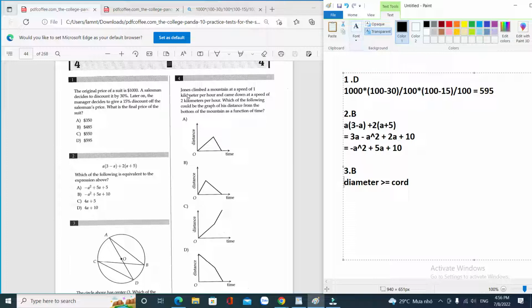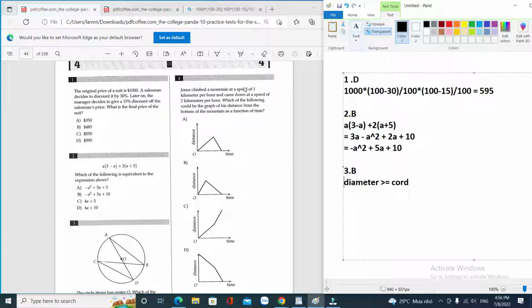Number 4 should be A or B. When John was climbing up, the speed was 1, and coming down, the speed was 2. So the slope of the line climbing down should be more than the slope of the line climbing up, right?